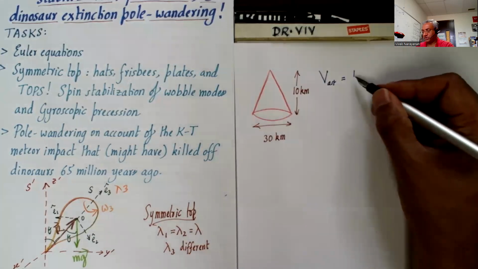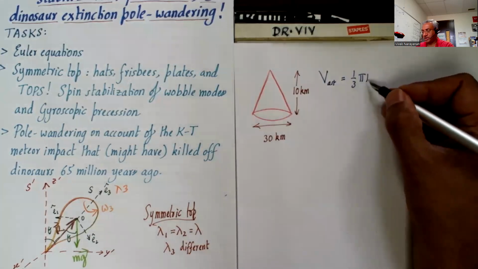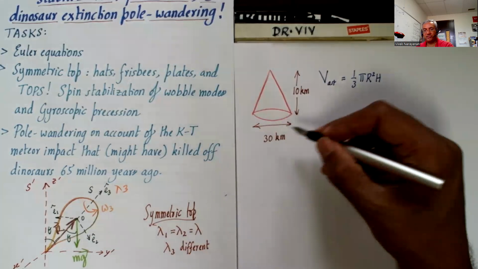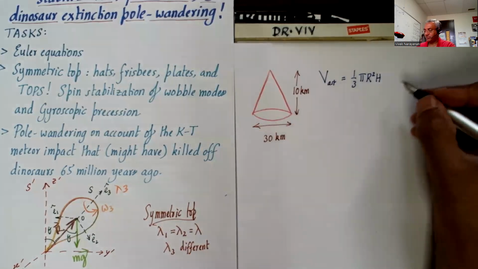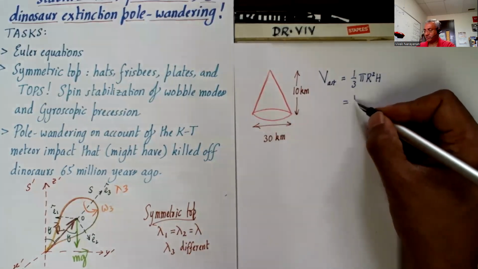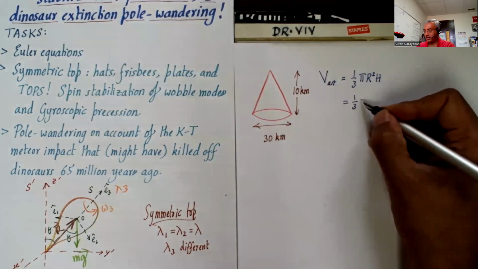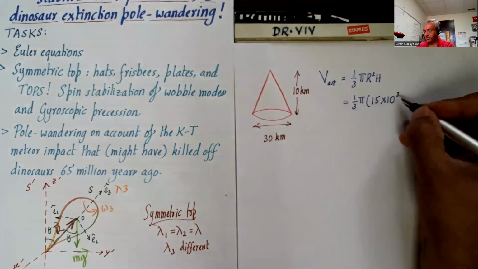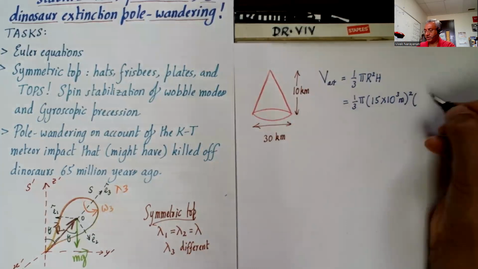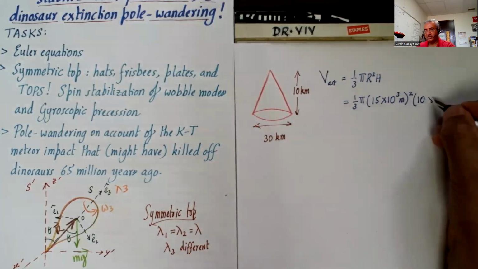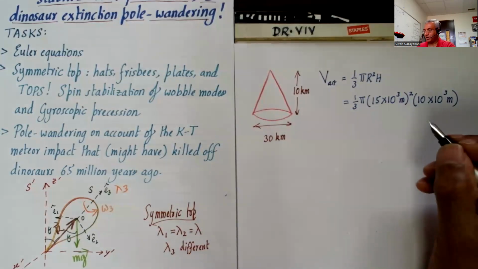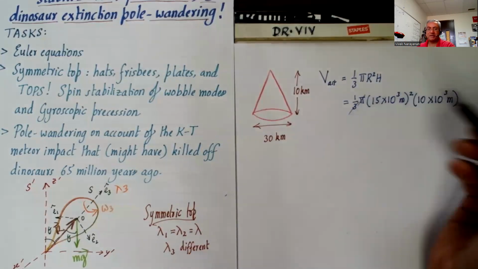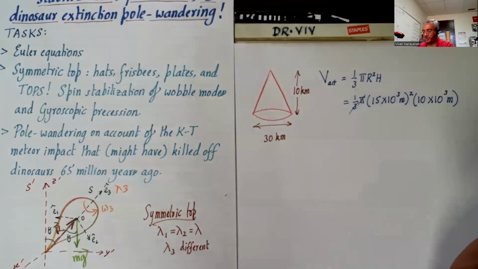The volume is just 1/3 pi r squared times h, where r is the radius of the base. So that's going to be 1/3 pi, that's 15 kilometers, and the height is 10 kilometers. Well, 1/3 and pi are natural enemies.